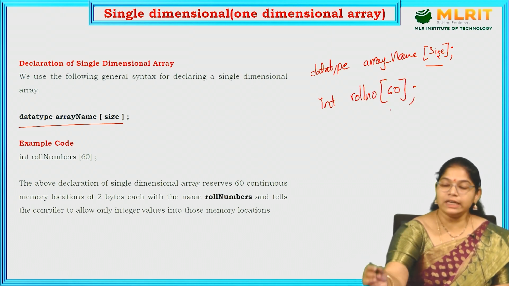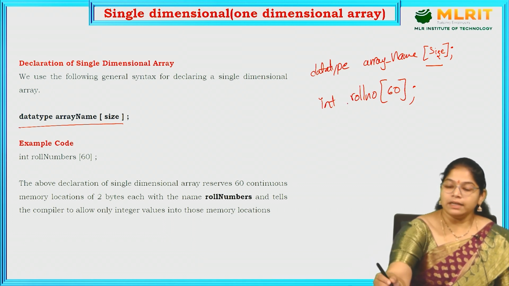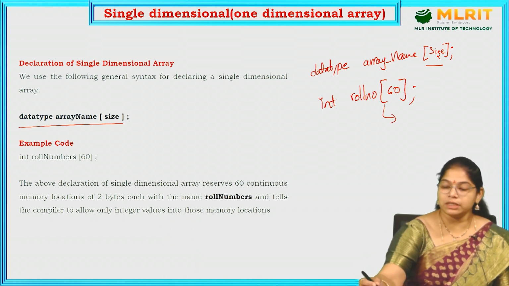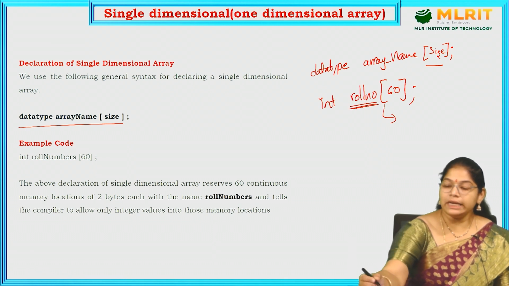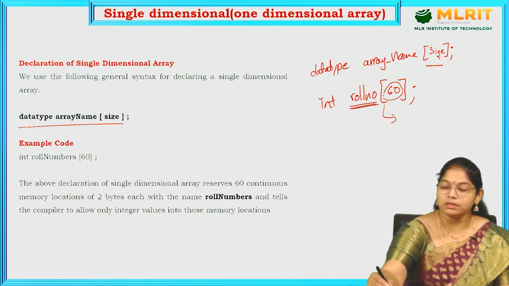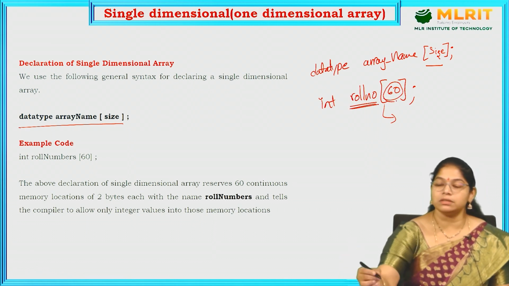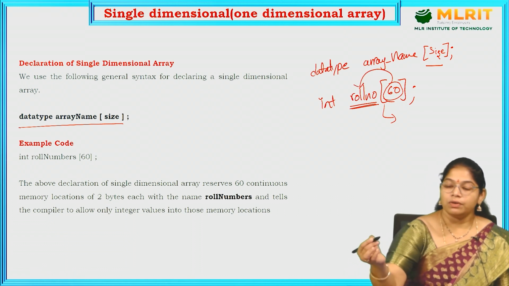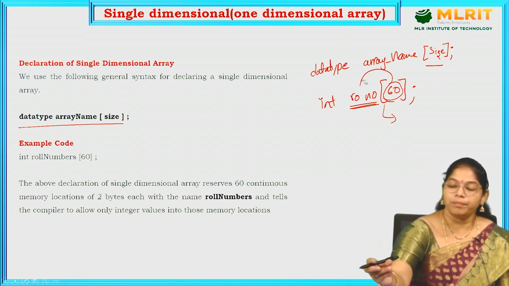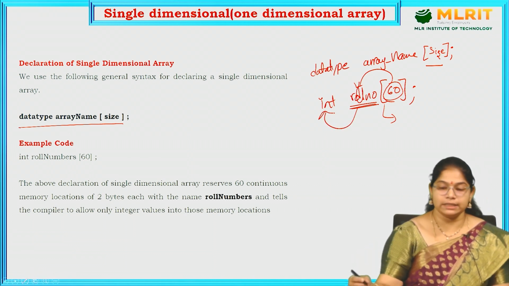So when we declare this, that means this is an array. How can we identify it? Here we have a subscript. It can hold 60 data items of integer type. Those are the roll numbers and all are of type integer.